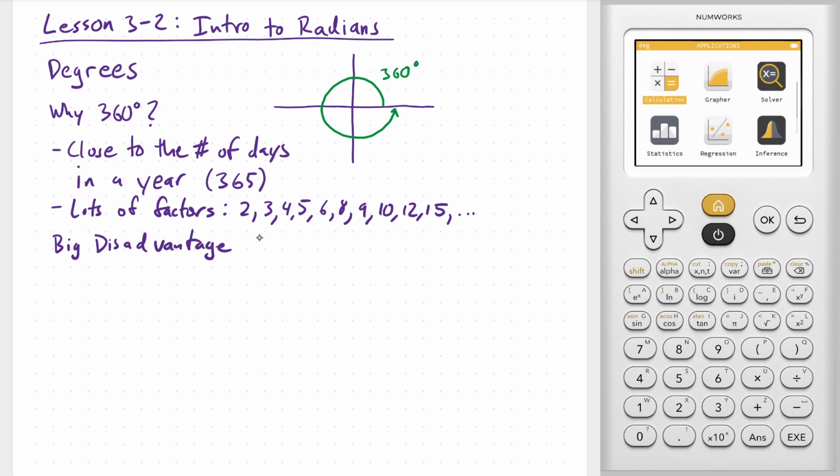Disadvantage to degrees. Okay. So what is the big disadvantage to degrees? It doesn't easily give us information about circular distance.